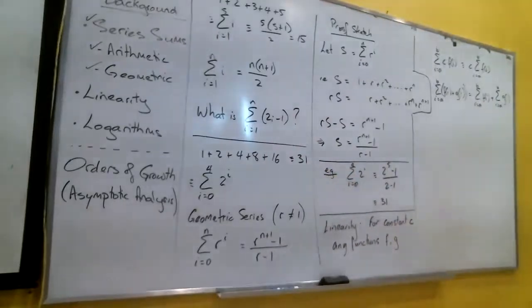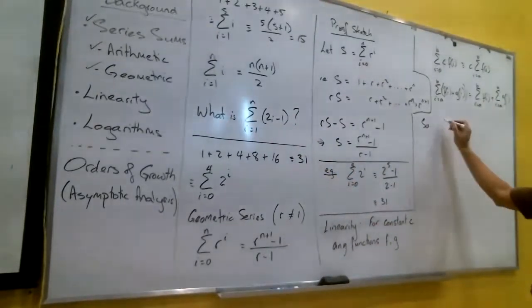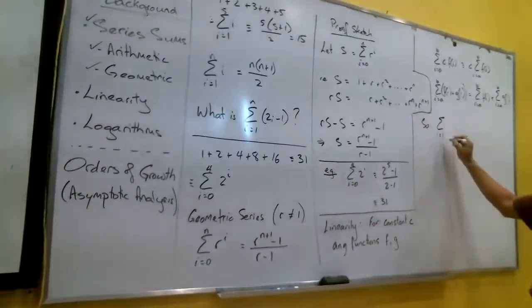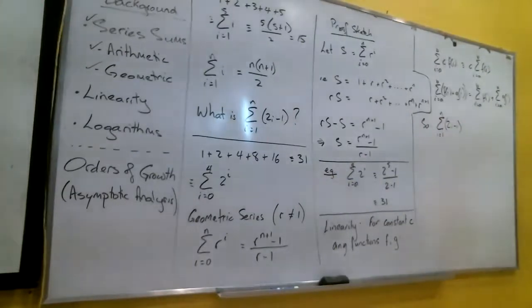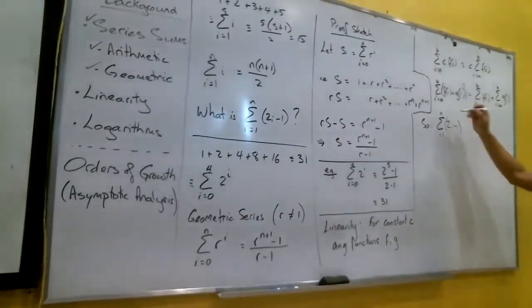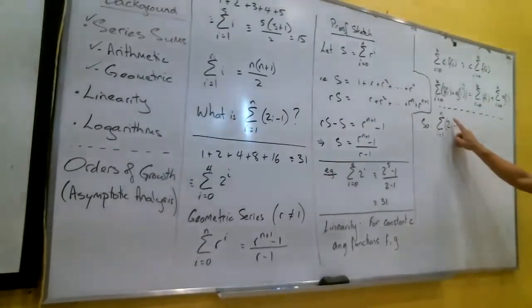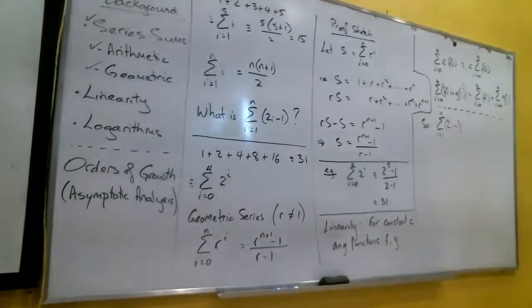Yeah? So watch. The sum starting from i equals 1 to n of 2i minus 1. That's the sum of those odd numbers, right? First n odd numbers. According to the second rule, I could look at this as 2i being my f of i, and minus 1 is my g of i, yes?